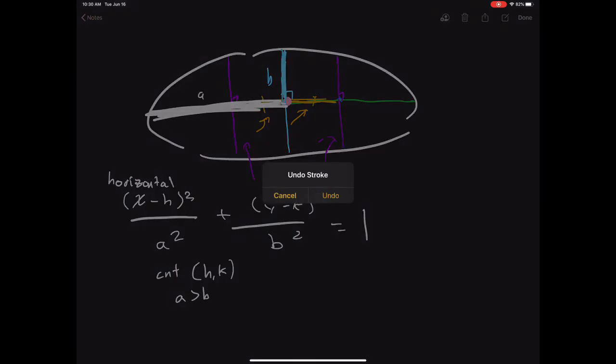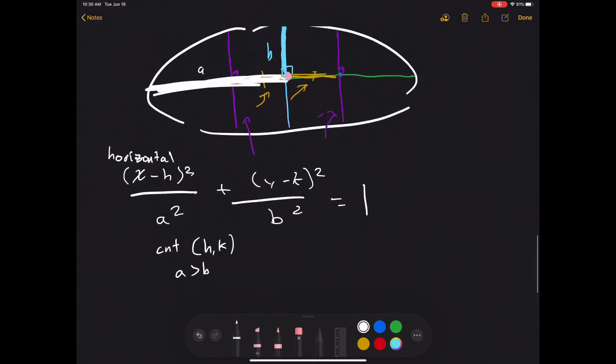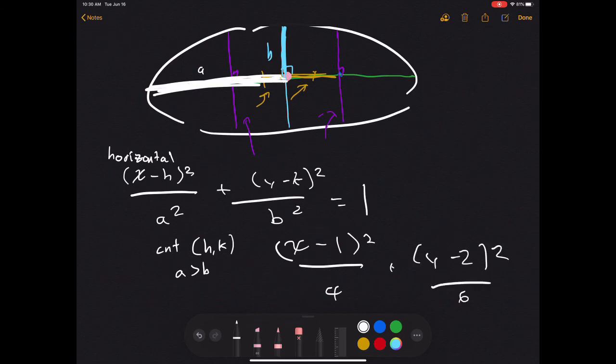So if they were to ask you to find the length of the major axis, and they gave you something like (x minus 1) squared over 4 plus (y minus 2) squared over 9 equals 1.